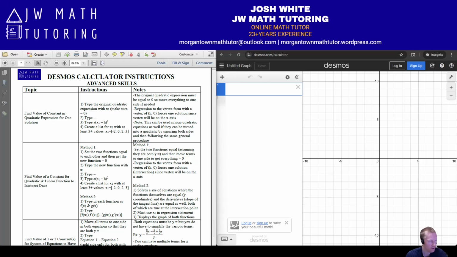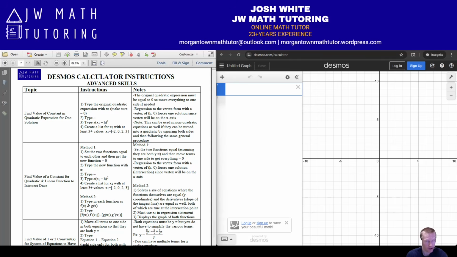All right, so what we're going to do is essentially take the original problem, make sure that it is set equal to 0, so that might mean moving some terms around from one side to the other, and then we're going to do regression, and essentially we're going to regress this quadratic expression to its vertex form, except we're going to make the k value, which is the y-coordinate of the vertex, be equal to 0.